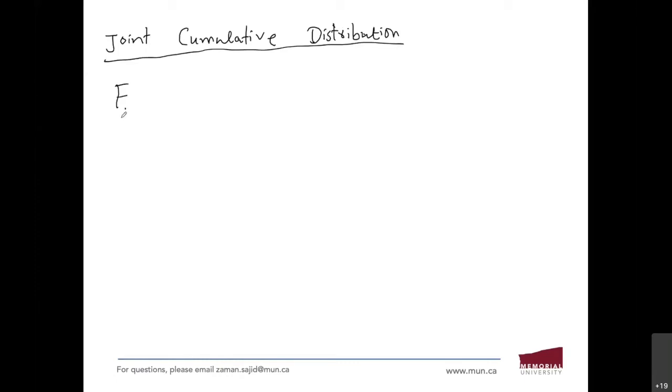F of x, y, where x is greater than or equal to capital X and y is greater than or equal to capital Y. This is what we denote as F of x, y, because we are talking about the cumulative distribution.